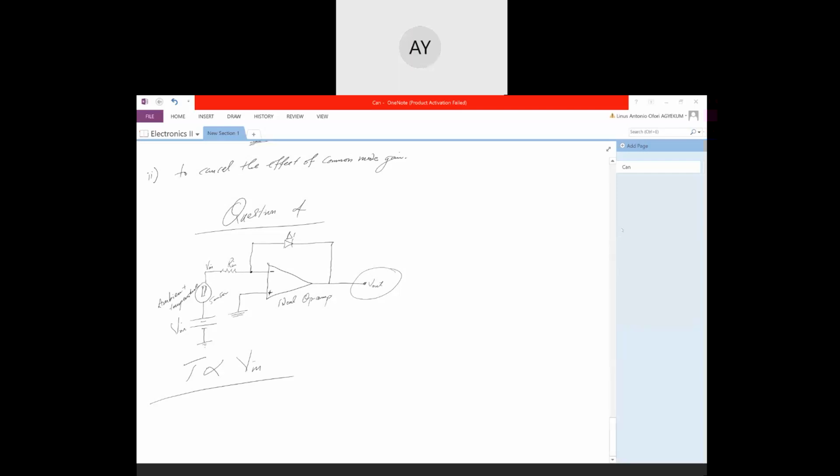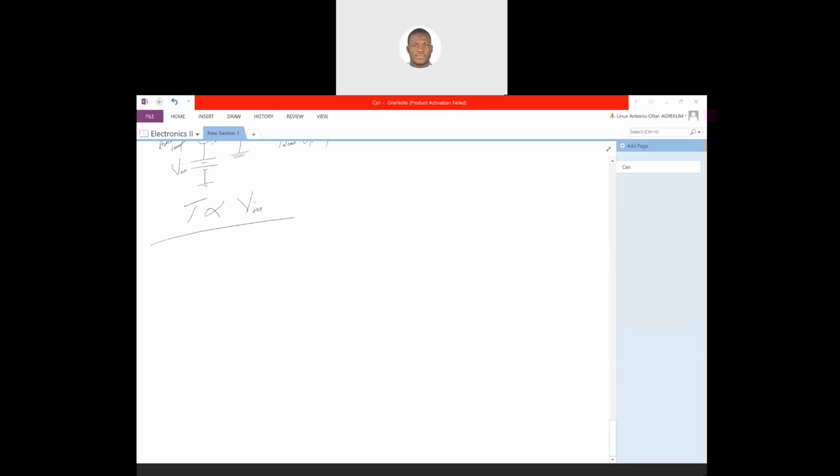So for a logarithmic amplifier, V out is equal to minus VD1.